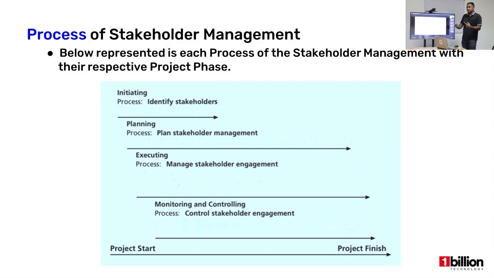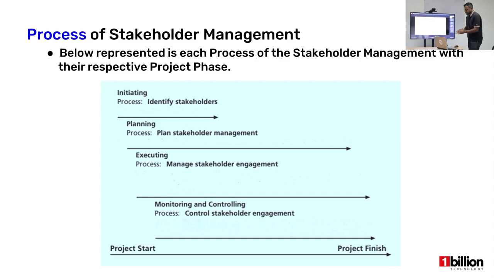We'll discuss further about that in the slides which are about to come. And then you have, of course, monitoring and controlling. So an important thing you need to consider here is that none of these processes wait until the previous process ends. So these start almost consecutively.